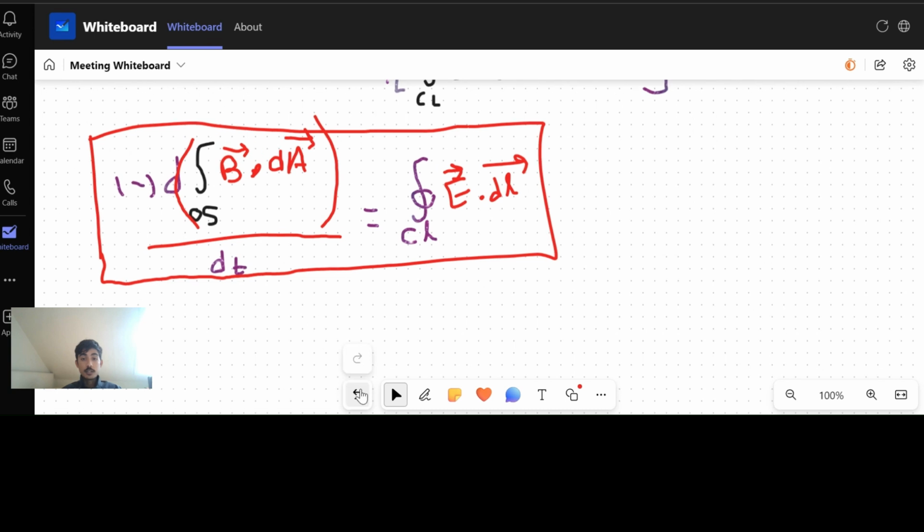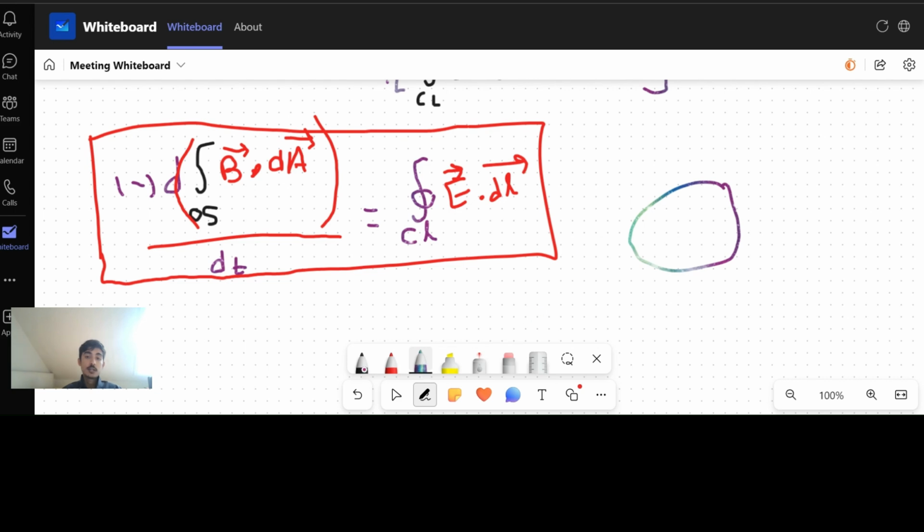The condition is, here is the surface, here is the loop length. This length on which EMF is induced must be associated with the surface of this B dot dA.